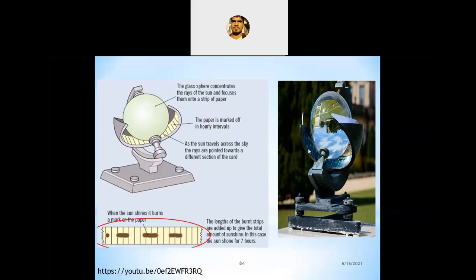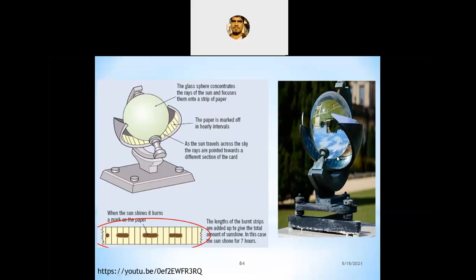Whenever there is bright sunshine, the image is formed in the sunshine, intense enough to burn a spot on the card strip. The sun rays enter through this glass sphere and are concentrated on the strip. As the sun moves across the sky during the day, the image moves along the strip.